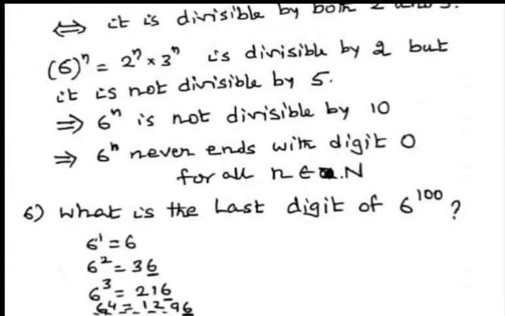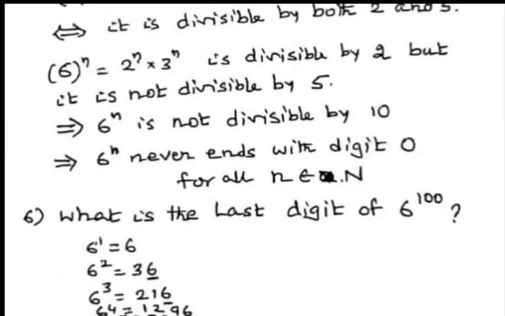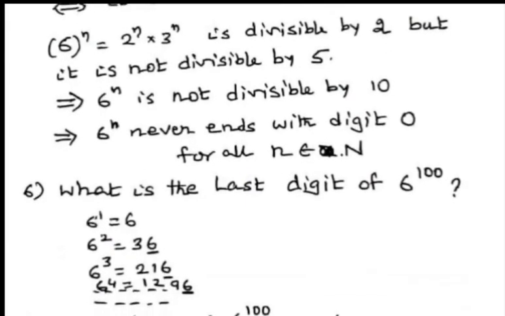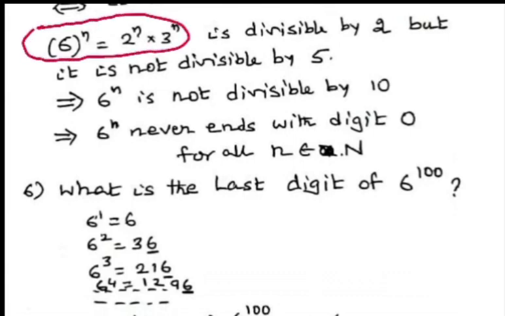The given number 6 power n equals 2 power n multiplied by 3 power n. That is, this number is divisible by 2 and also 3, and it is not divisible by 5.